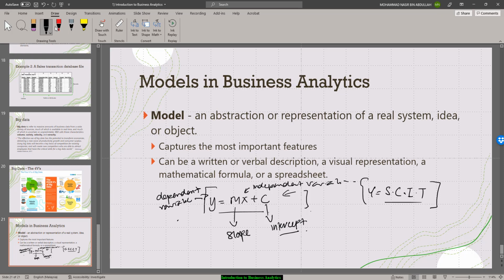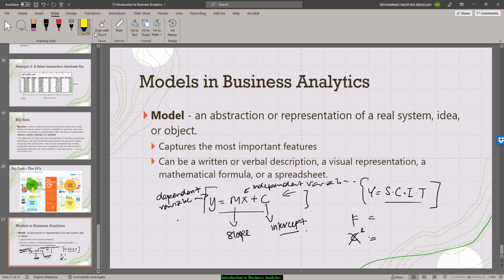Basically these two are the mathematical models we will look at. There are others, like chi-square analysis and F and chi-square and so on. A model captures the most important features and can be a written or verbal description, a visual representation, or a mathematical formula. This is the definition of a model.